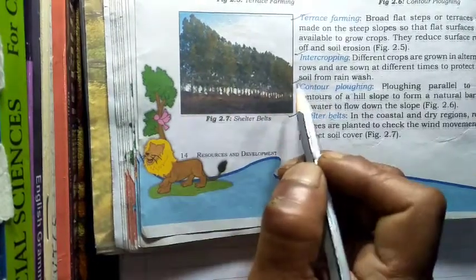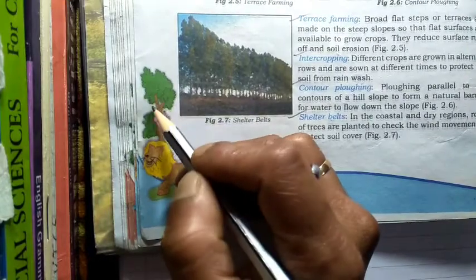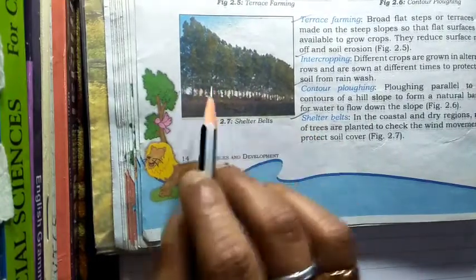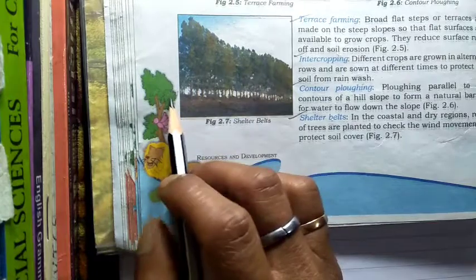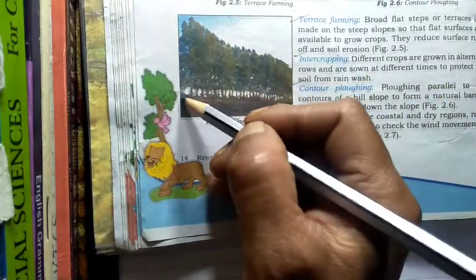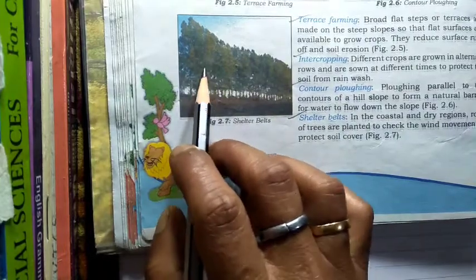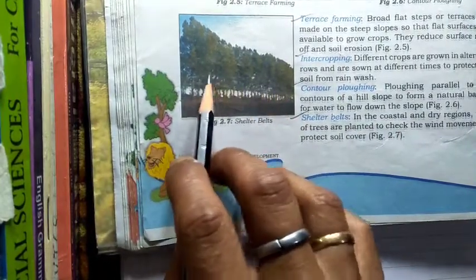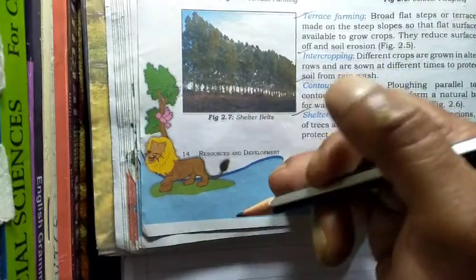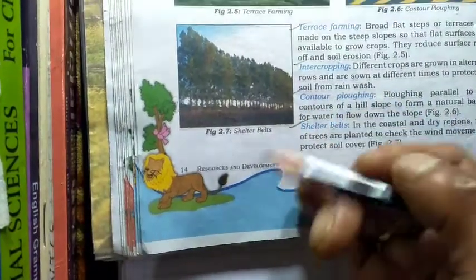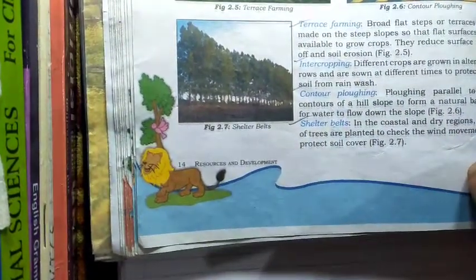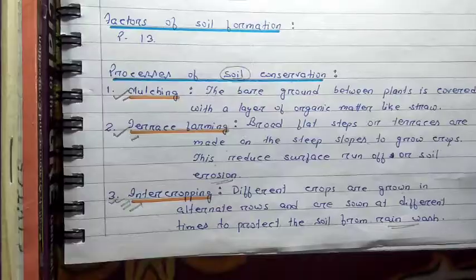Even when the air strikes these trees, the soil which is carried away by the air will be struck against these trees and it will come down. So we can say through the process of shelter belt also we can conserve the soil.